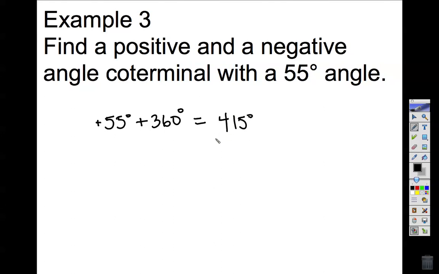Here's one positive, or the next positive to be more specific. 415 is the next positive angle that is coterminal to 55 degrees. To find the negative angle, I am going to subtract 360 degrees from those 55, and that gets me negative 305 degrees.